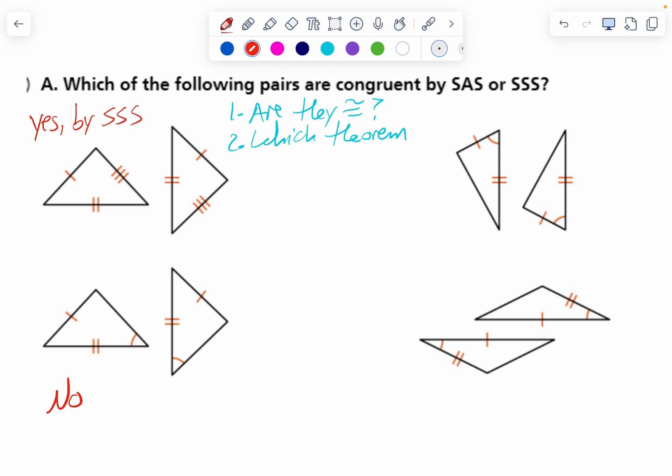These are not. Why not? Yeah, this is SSA. If we look in order, it goes side and then angle, side, side, angle. Or if we go the other way, angle, side, side. But that's not one of our theorems. It's not sufficient to prove that these are congruent.